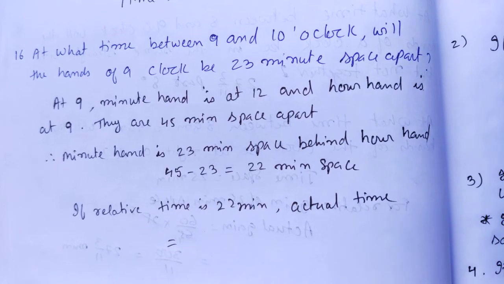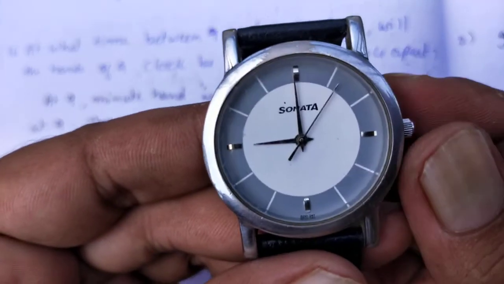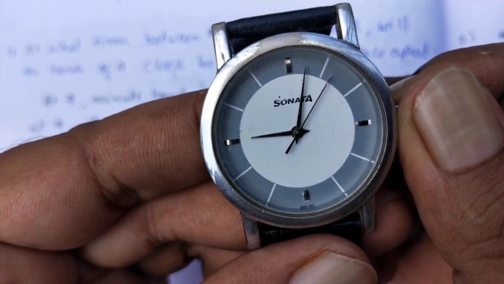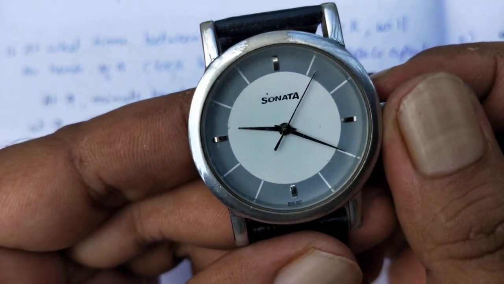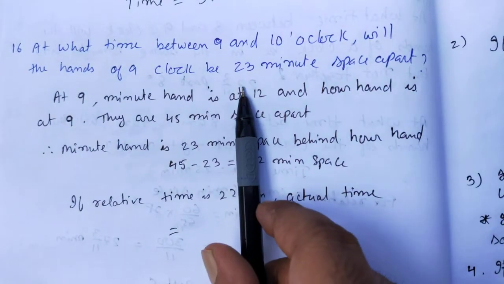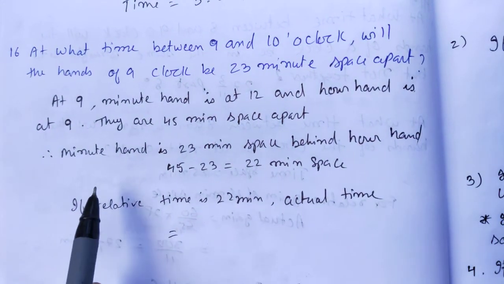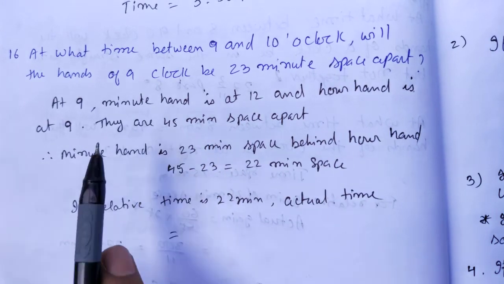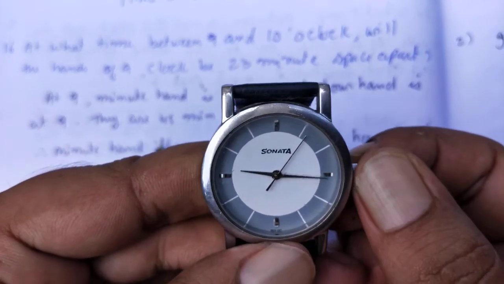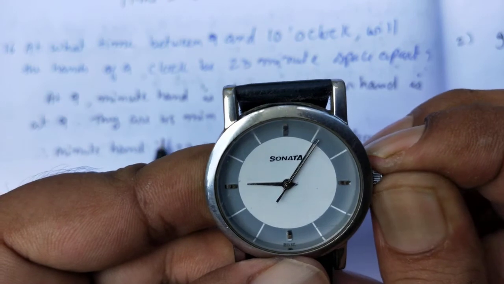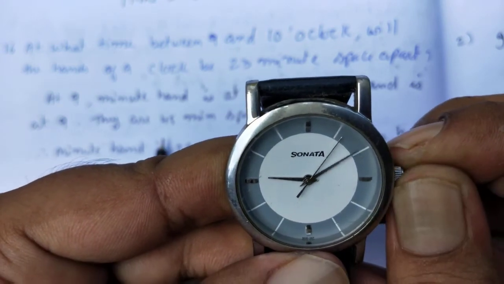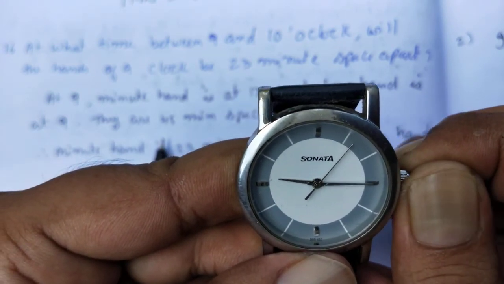That means how many minutes do you have to subtract? So you have to subtract, because this 45 minutes is more than 23 minutes, and the minute hand will not cross the hour hand. Okay, like the last question, it will not cross the hour hand. It must be behind the hour hand only.